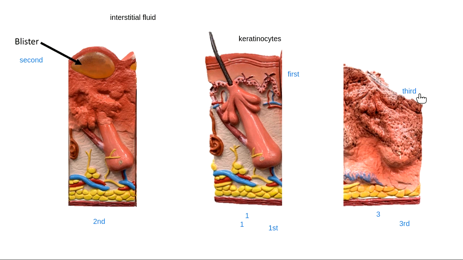So we don't feel that burn at first, but as it starts trying to heal itself, it's definitely going to hurt. So burns are the first example of damage we can do to the skin.